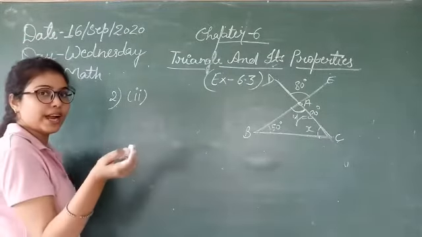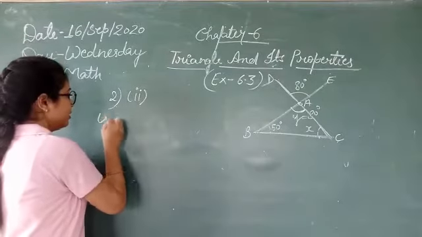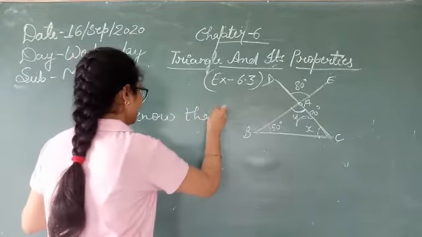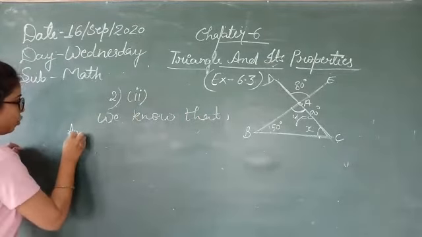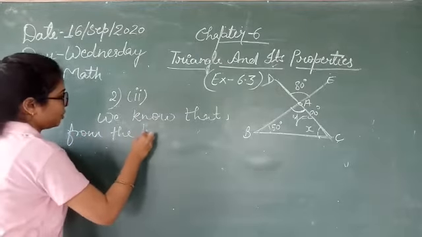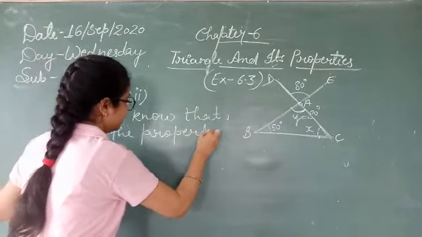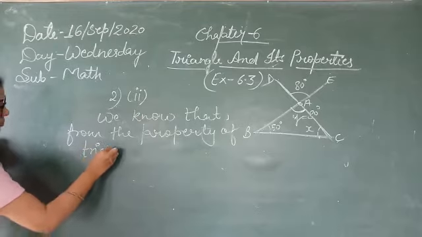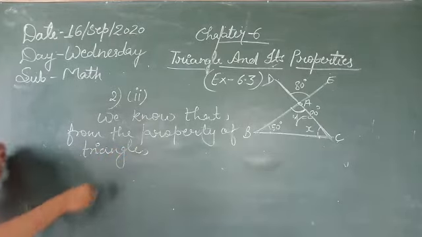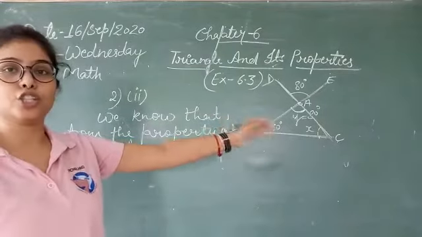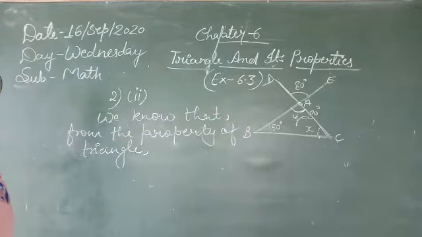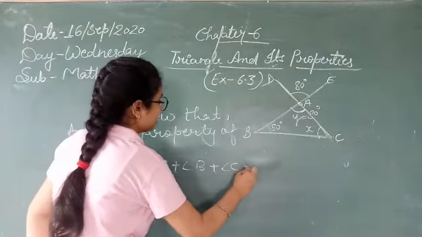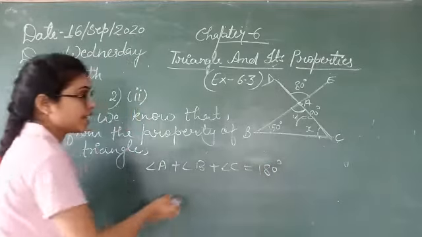Again you will write, we know that from the property of triangle, you can write the sum of the measure of three angles in the triangle is equal to 180 degree, or you can directly write that angle A plus angle B plus angle C is equal to 180 degree, because these are the three angles in the triangle.